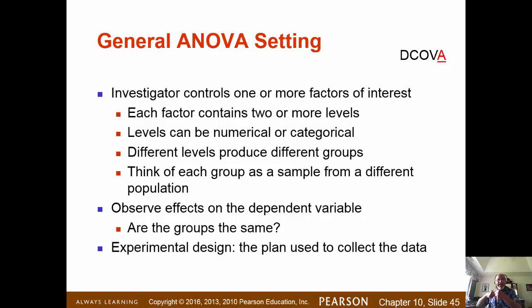So when you randomly select and assign experimental units to different treatment levels, when you make that assignment, then you are actively setting up the experiment. So this is called an experimental design, or completely randomized design. So this is a completely randomized experiment.